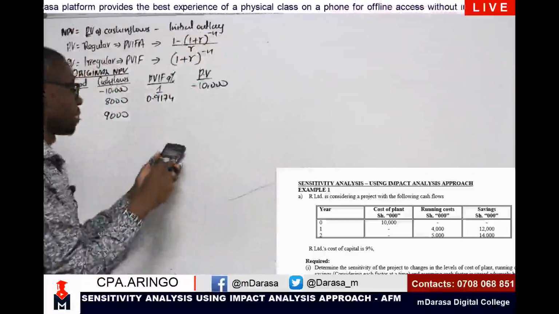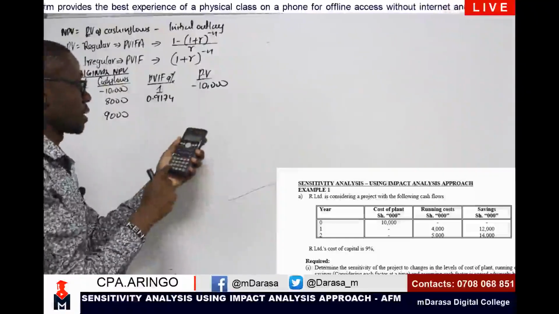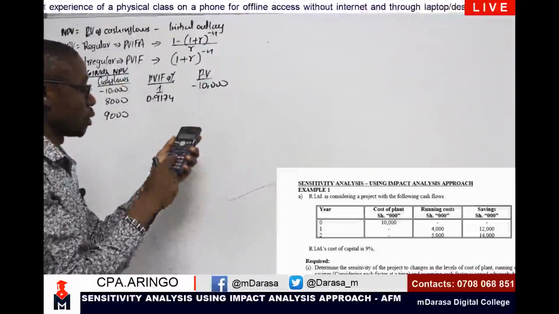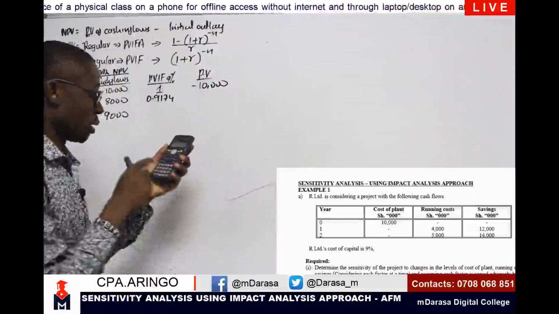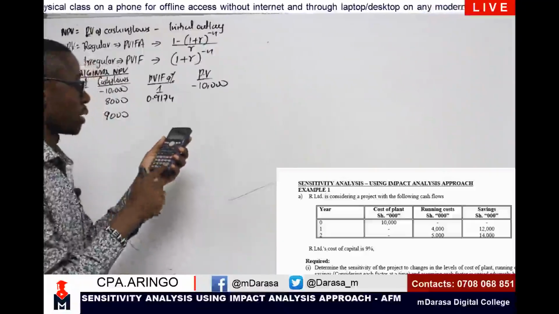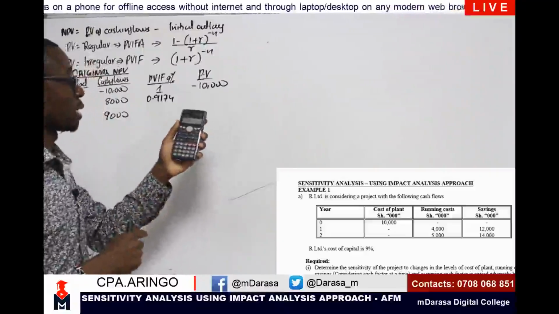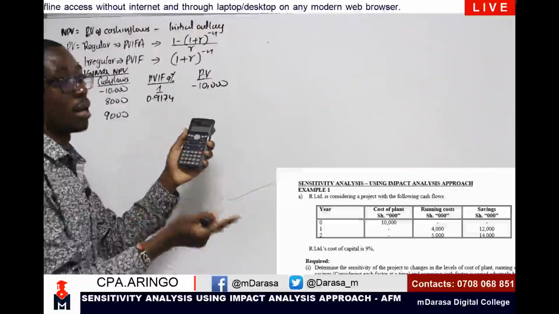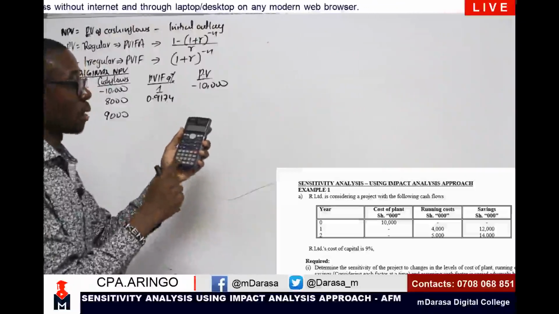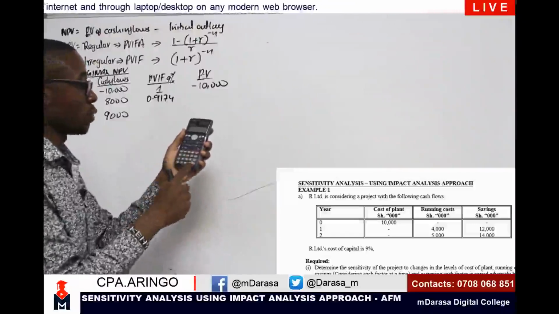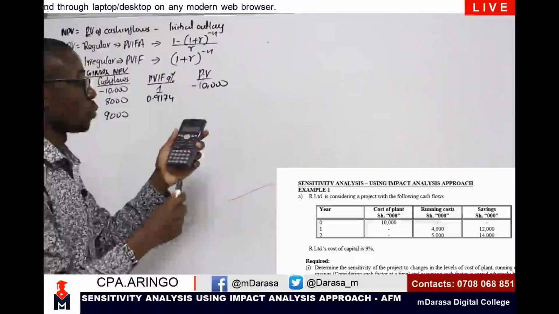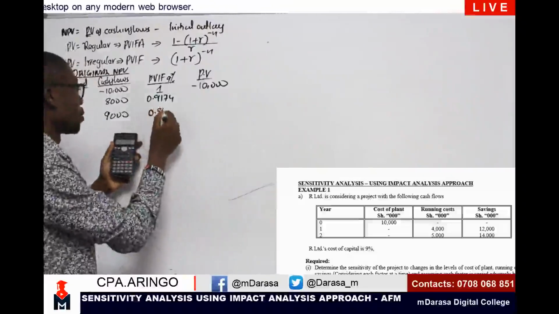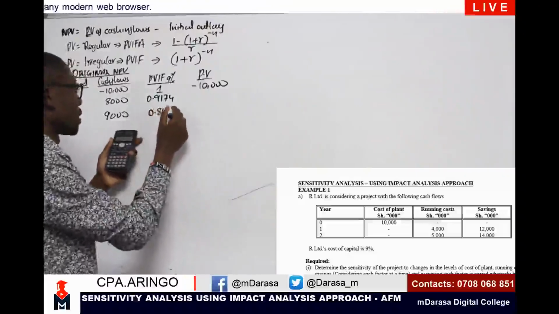So here, we have the first case we've determined, which is 1 plus 0.09, raised to power negative 1, to give us 0.9174, right? So I divide by our 1 plus r. 1 plus r is 1.09, which in this case gives us 0.8417.